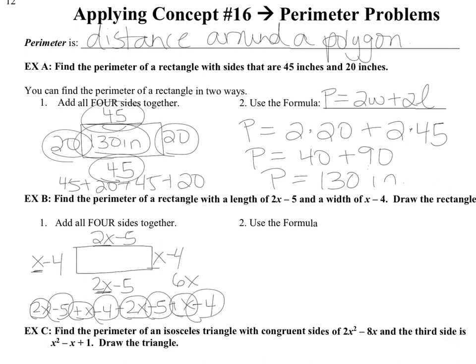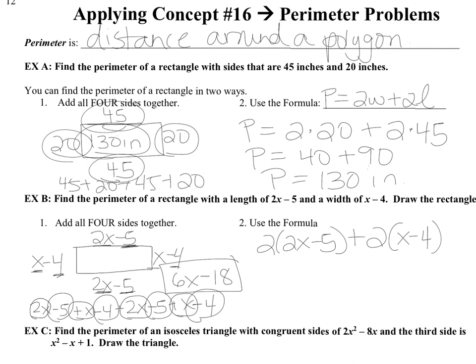I personally am looking at it like -5 and -5 is -10, and then -4 and another -4 is going to give me -18. So you could just add up all your like terms to get 6x minus 18. Or you could do 2 times the length, which is 2x minus 5, plus 2 times the width, which is x minus 4.